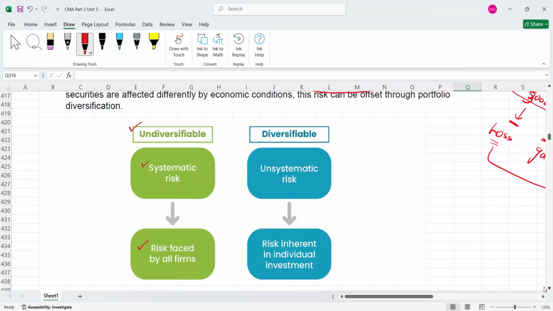But any risk which is diversifiable, that you can throw away, is called unsystematic risk, and this risk is inherent in individual investments, like in a specific company or specific sector, right? These are the definitions of systematic versus unsystematic risk.